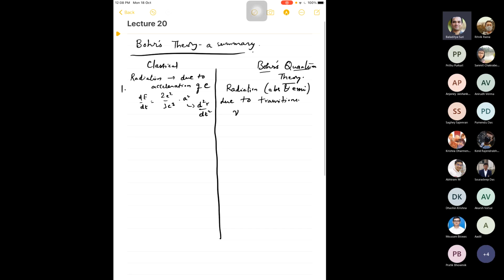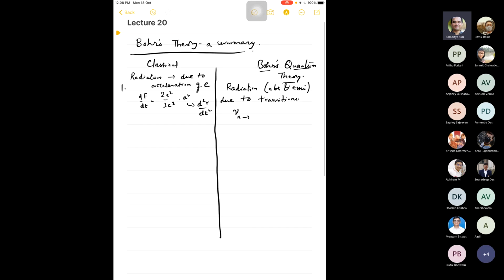Okay, and the frequency of emission nu n to m is of the form, okay. So this is the quantum formula.